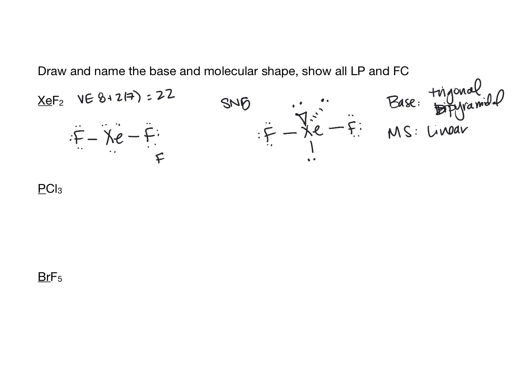So the formal charge for fluorine is 7 minus half of 2 minus 6, which is 0. The formal charge of xenon is 8 minus half of 4 minus 6, and that's also 0. So there are no formal charges.